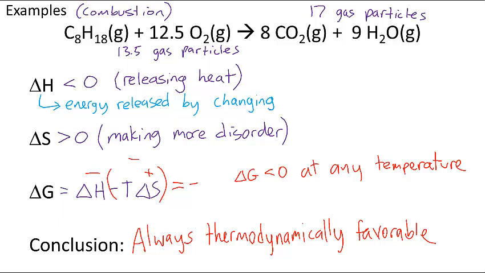by changing weaker bonds into stronger ones. And delta S is the energy you get out by allowing the things to become more disordered. So by allowing them to follow their natural tendency to become more disordered.